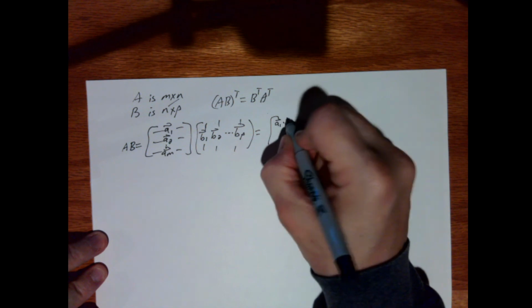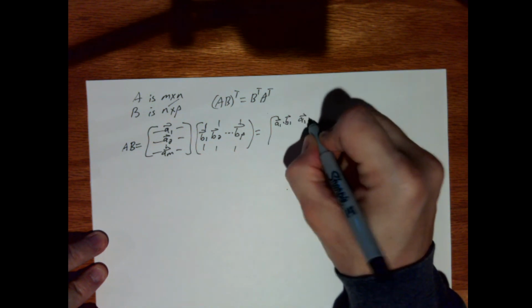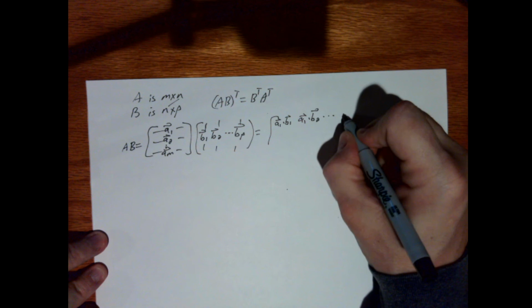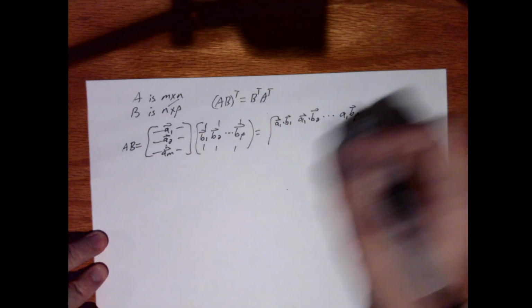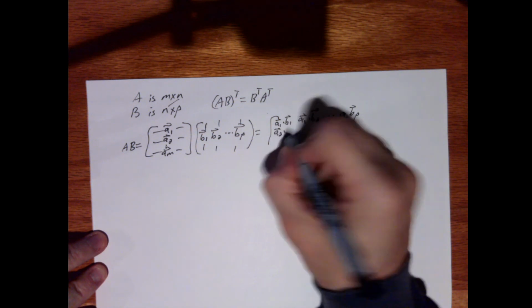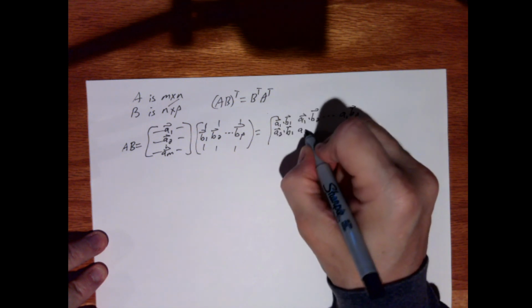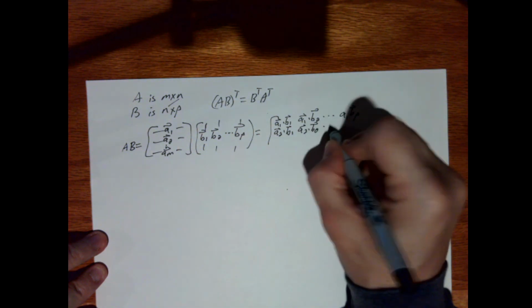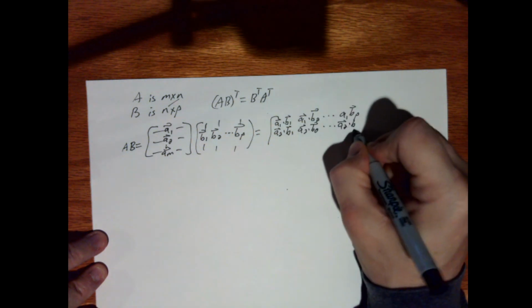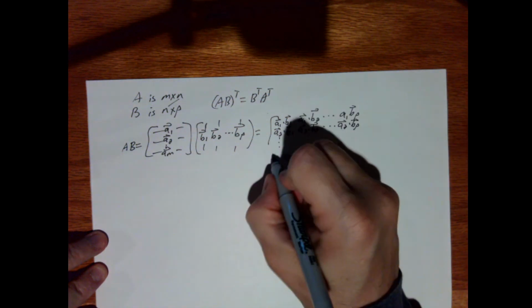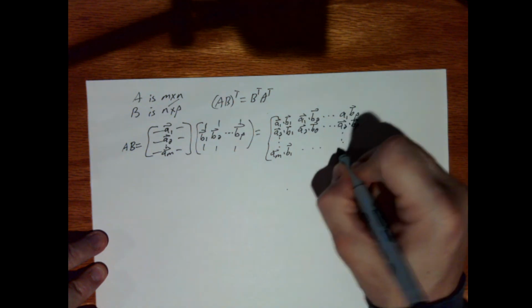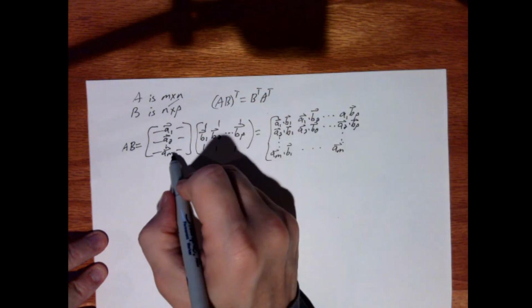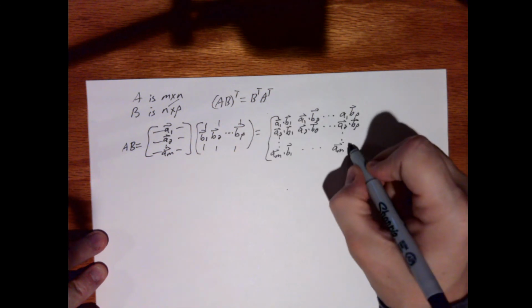So the first row will be A1.B1, then A1.B2, dot, dot, dot, A1.BP. The second row will be A2.B1, A2.B2, dot, dot, dot, A2.BP. And continue down to AM.B1, work over to the last row of this and last column of this, so it's AM.BP.